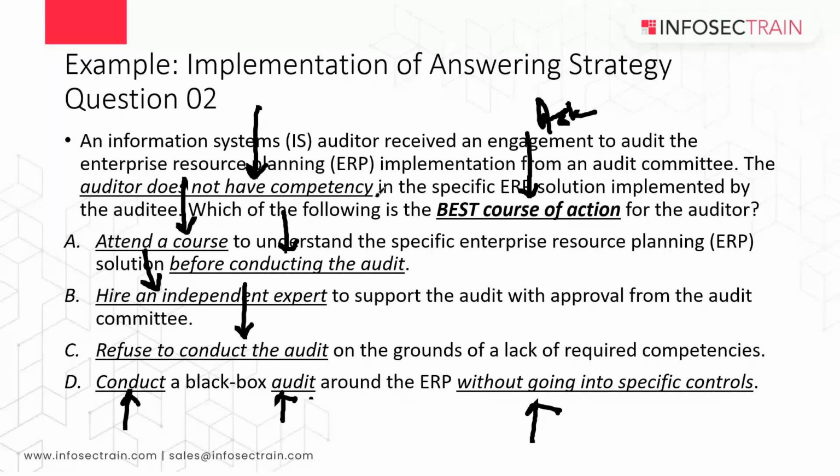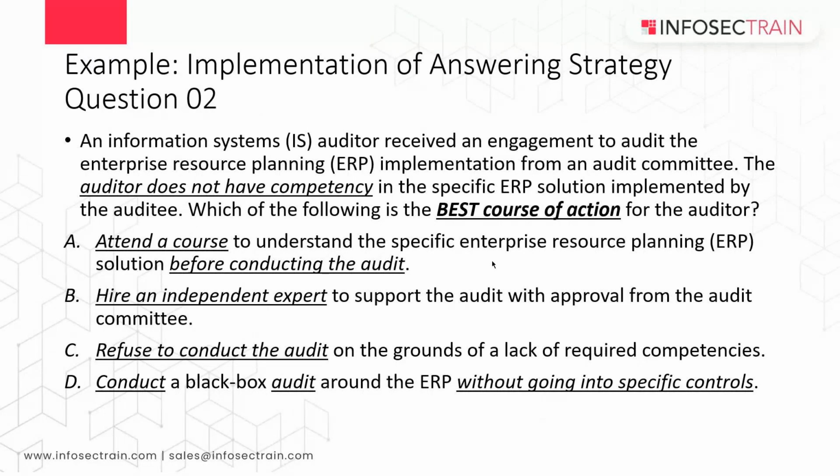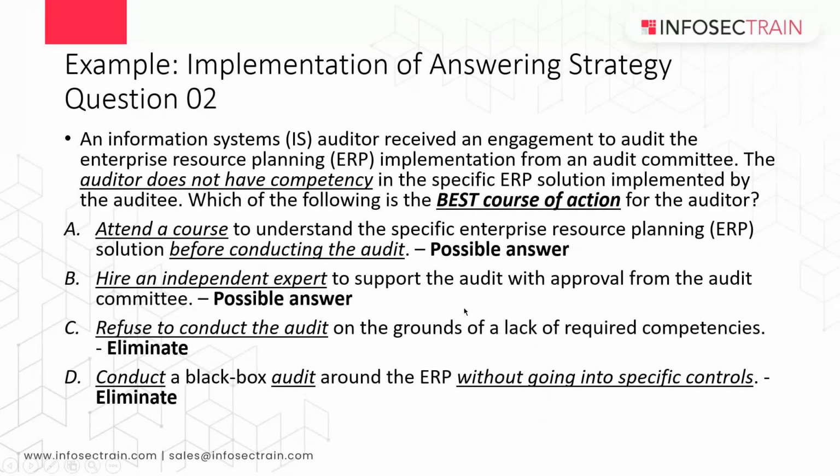So when we look into these, how do we rate each option? Option A will turn out to be a possible answer because there is a lack of competency and attending a course before conducting the audit may give the competency. So it's a possible answer. Hire an independent expert again is a way of getting the competency. So a possible answer. But refuse to conduct the audit will get eliminated.